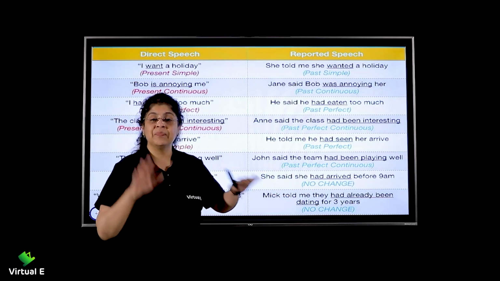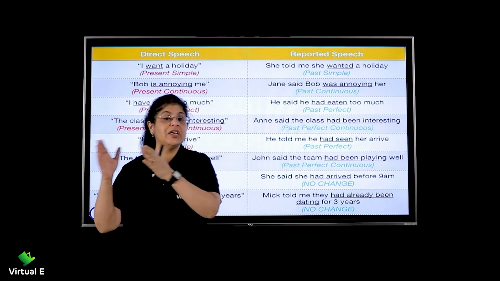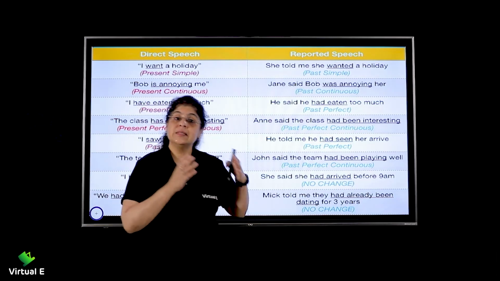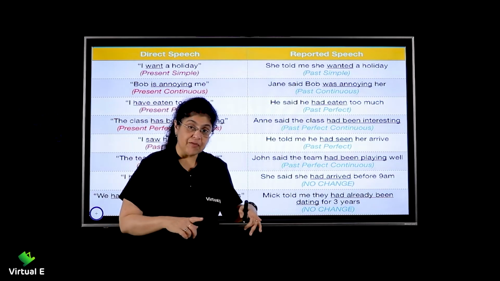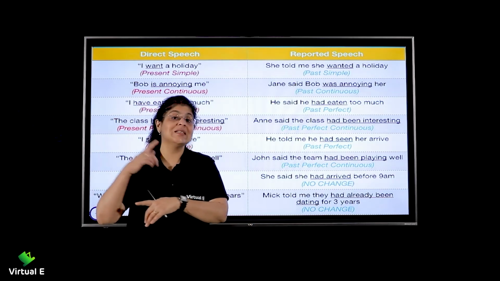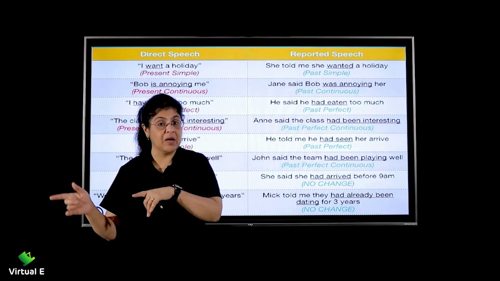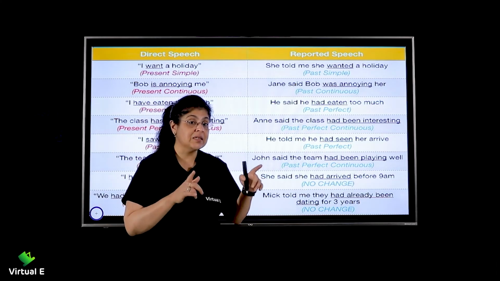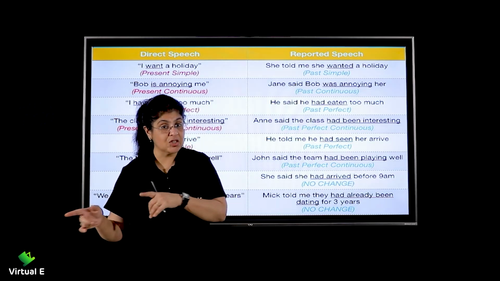They remain the same. I'll tell you a very easy way to remember this. Simple present changes to simple past. Simple past changes to past perfect. Past perfect does not change. It is a cycle. Again, simple present changes to simple past. Simple past in the direct speech changes to past perfect in the indirect speech.